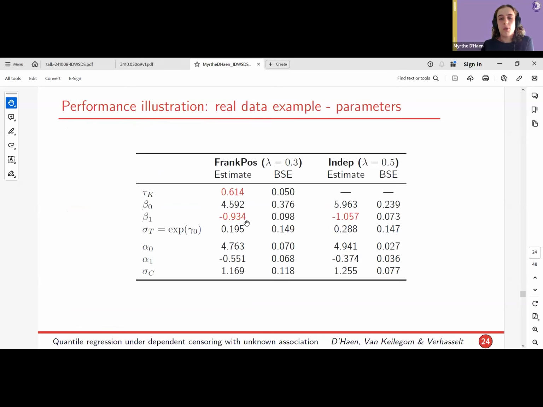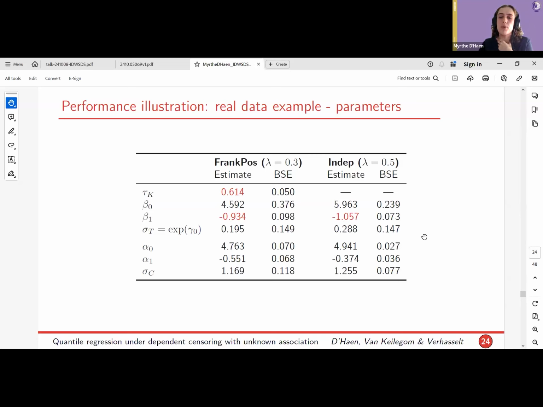This makes sense because people with a higher Euclid score are more ill, so you would expect them to have a lower survival time. But you can see that there is a discrepancy between the estimate in the dependent case and independent case.